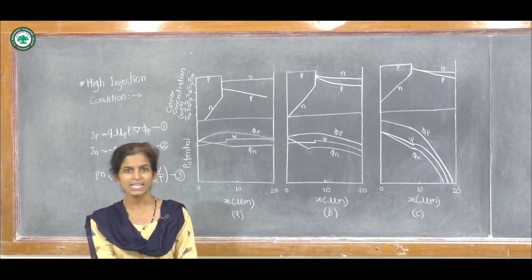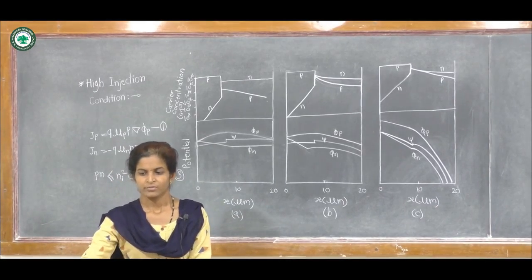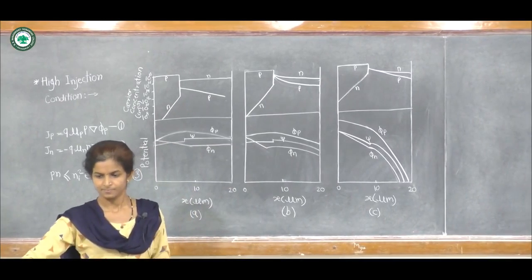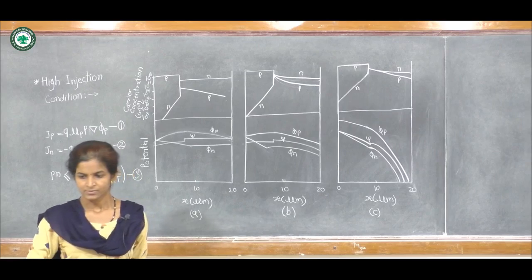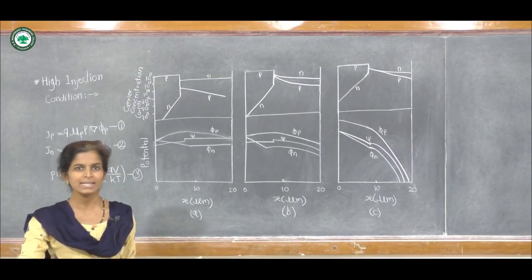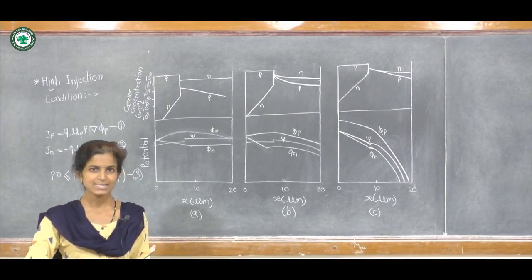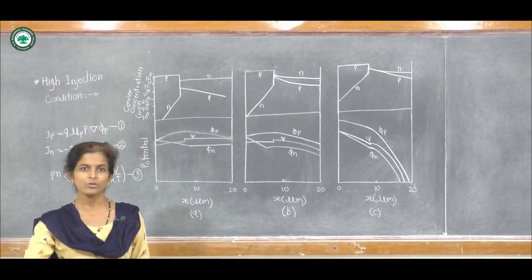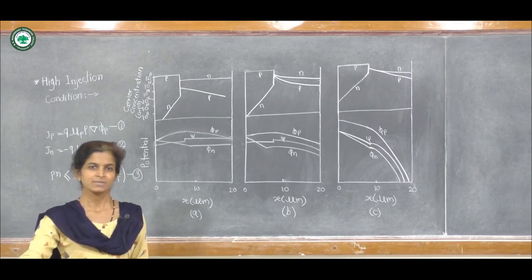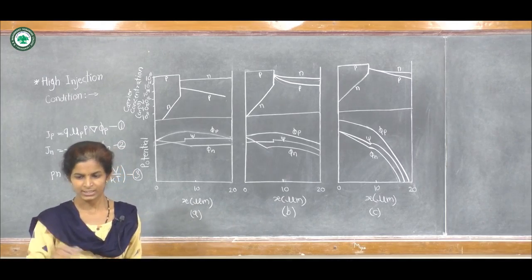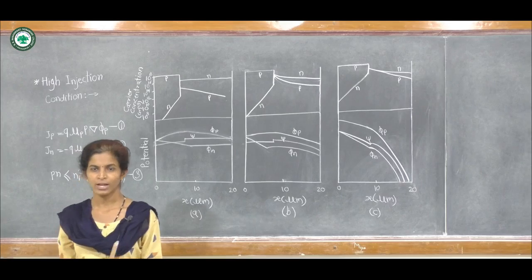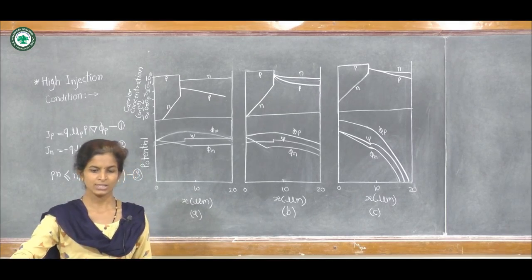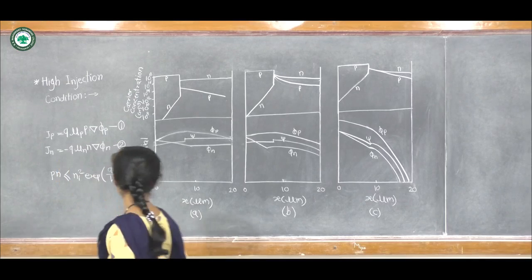To illustrate this high injection condition, we represent this figure, that is figure A, figure B and figure C, and the numerical results for the intrinsic Fermi level psi and MREFs, that is phi n and phi p, and the carrier concentration for a silicon step graded PN junction, with the parameters: the value of acceptor concentration, the value of donor concentration, and the electron lifetime as well as the hole lifetime.